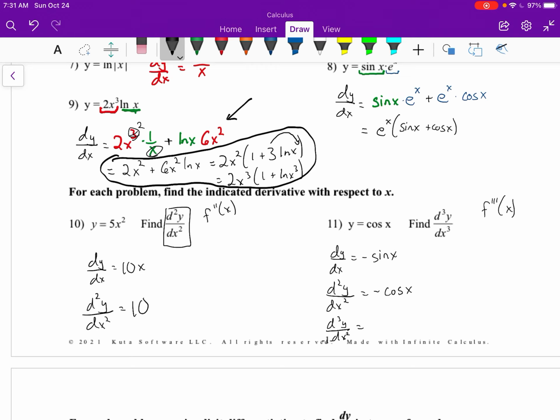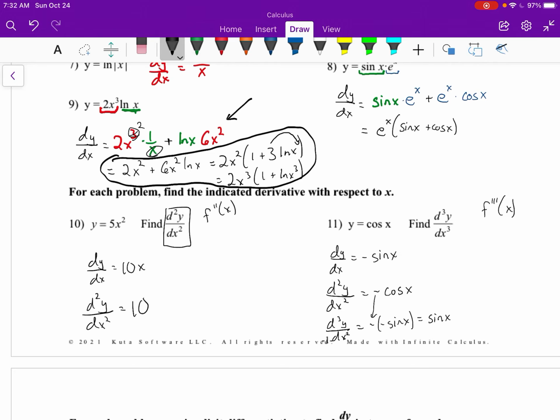The derivative of negative cosine. Well, the derivative of cosine is negative sine, so we have negative, so this negative sine of x comes from the cosine, and that equals sine of x.